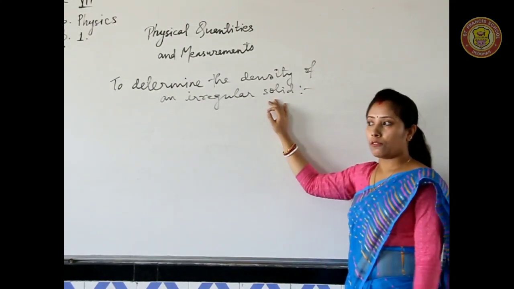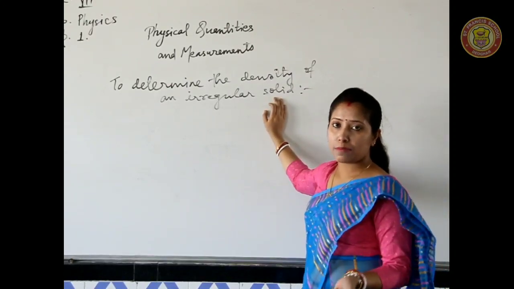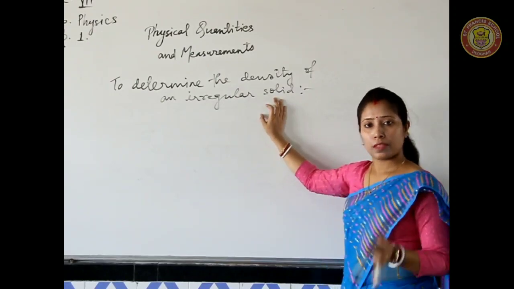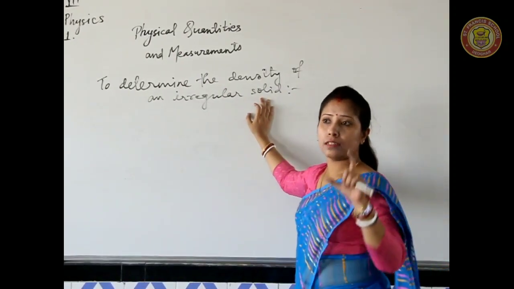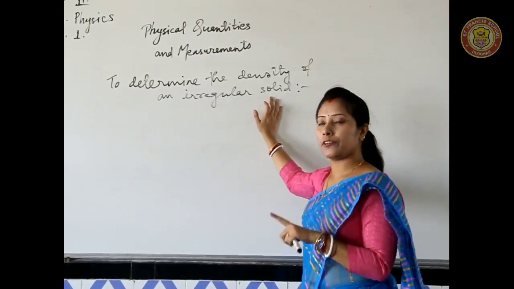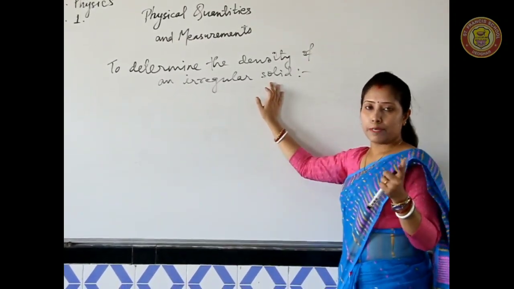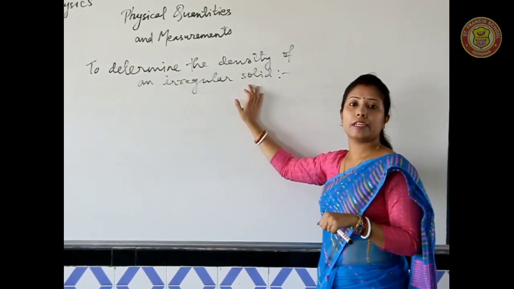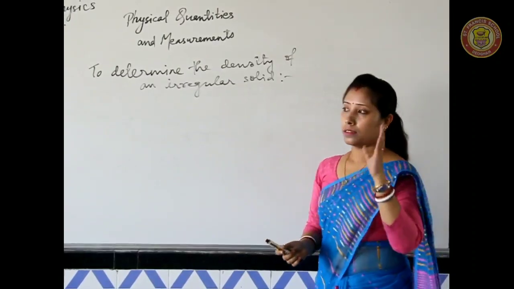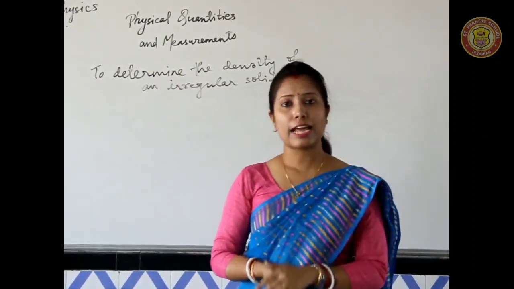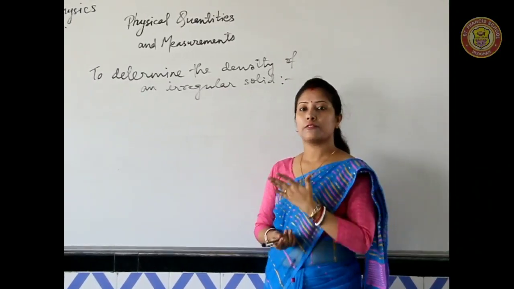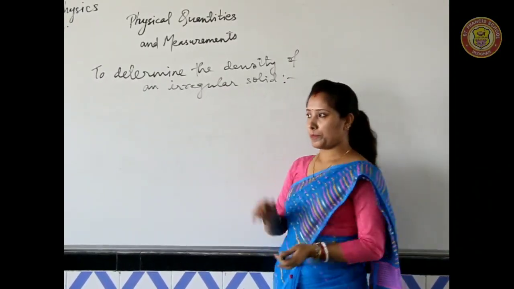The volume of the irregular solid can be found by the method just explained before, using the measuring cylinder by taking the initial reading V1 and the final reading V2. So on observing V1 and V2, we will get the volume of the irregular solid as V2 minus V1.